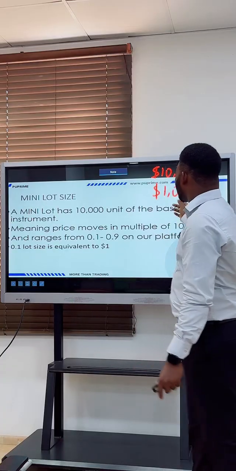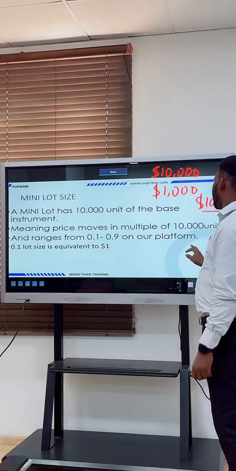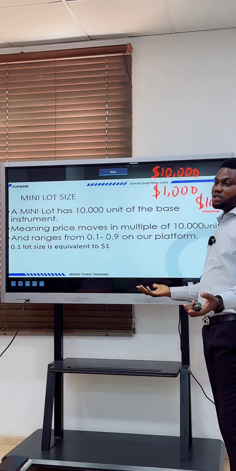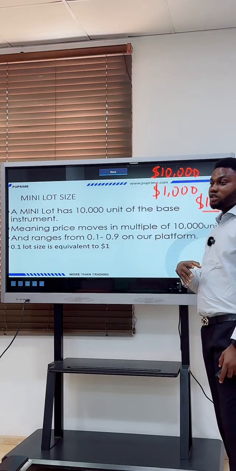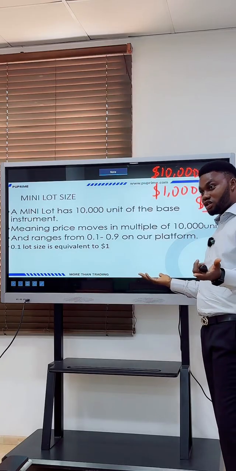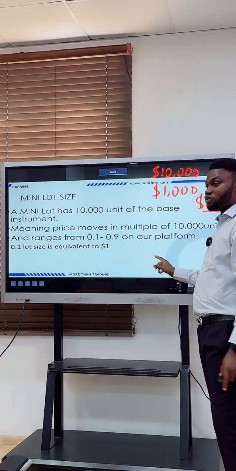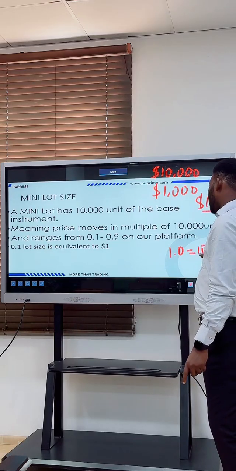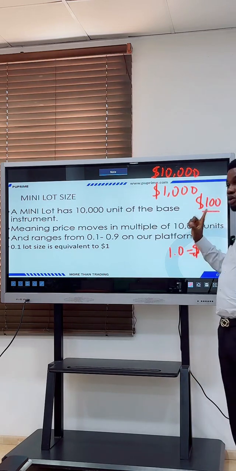For example, imagine someone with a $100 account who uses a standard lot size of 1.0, as we said earlier. That's just 10 pips. If 10 pips go the other way, he has lost all his money. Standard lot size, 1.0, is equal to $10, and this $10 is just one pip.